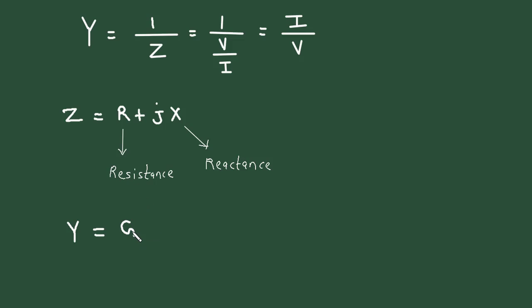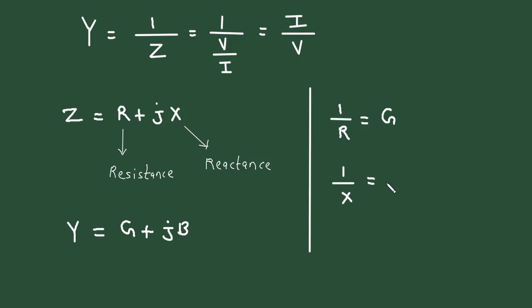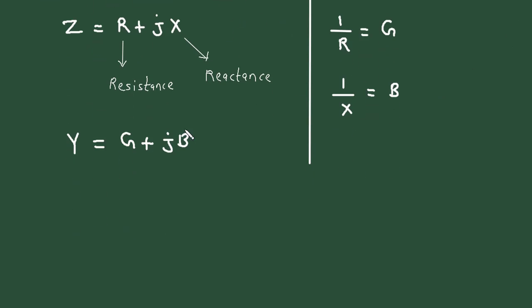G is conductance, which is the reciprocal of resistance, and B is the susceptance, which is the reciprocal of reactance. So 1 upon R is equal to G, which is conductance, and 1 upon X is equal to B, which is susceptance.